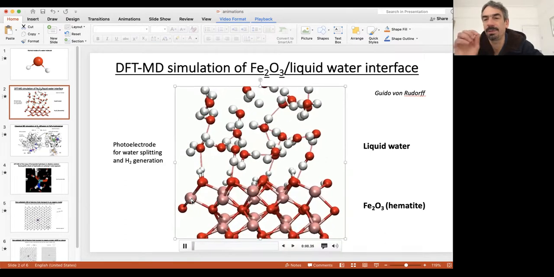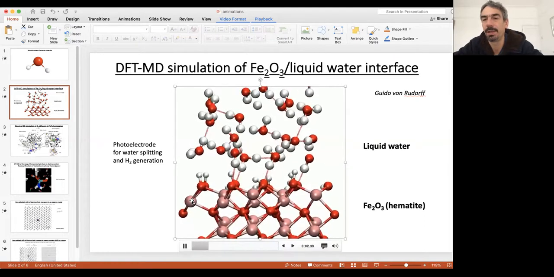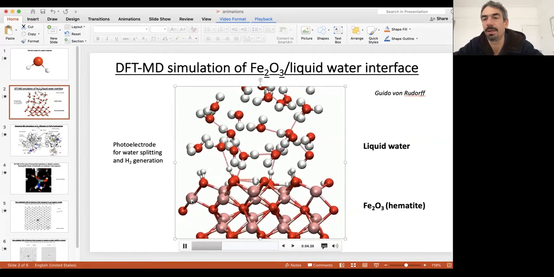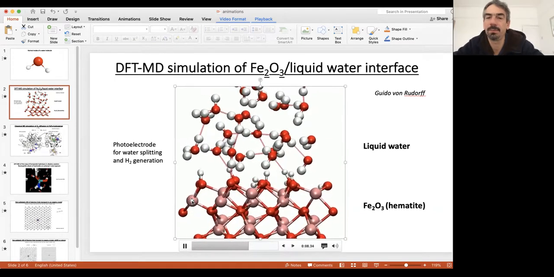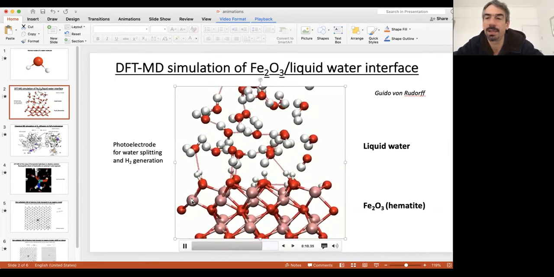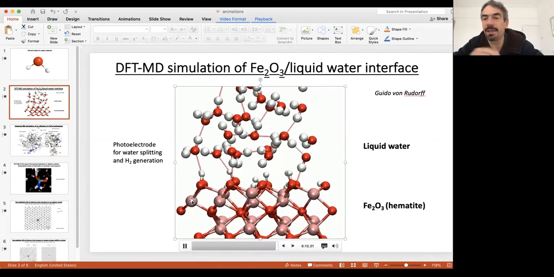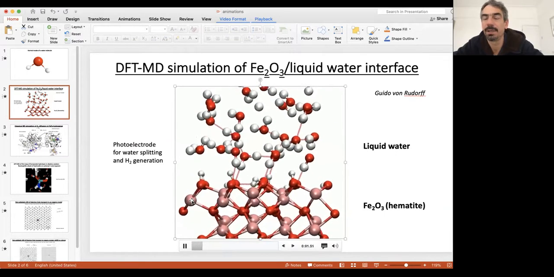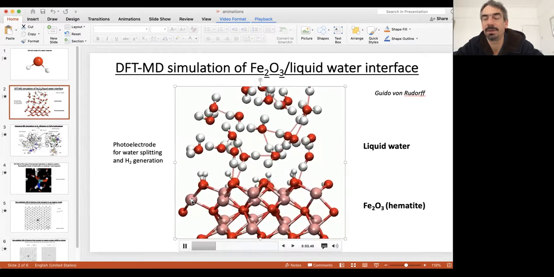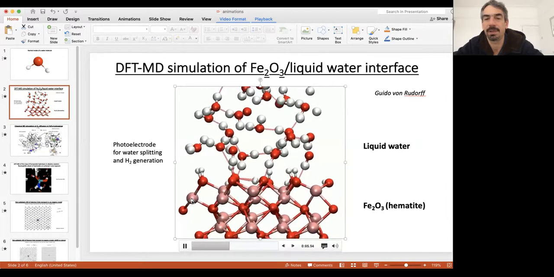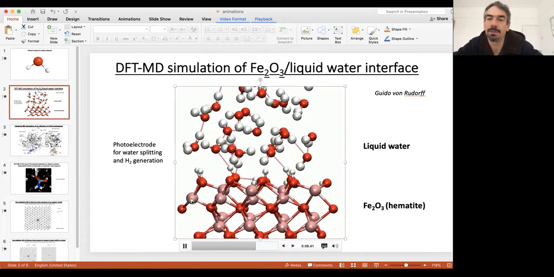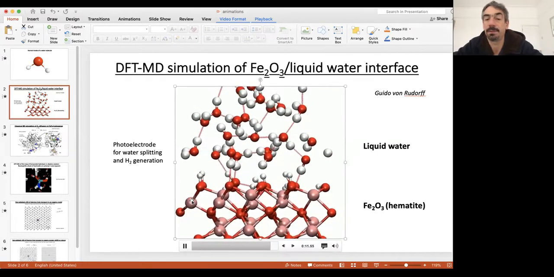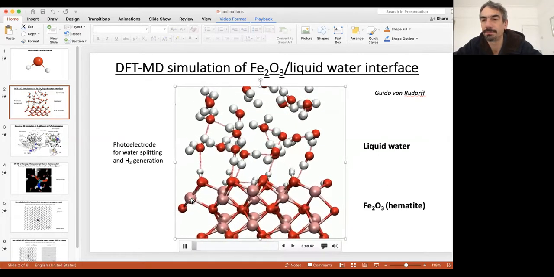If you just want to do a single point calculation, then you probably can go to many thousands of electrons, right? But if you want to do MD simulation, where each picosecond needs 10,000 single point calculations, then it gets very expensive very quickly, and then you can only do this for relatively small systems.